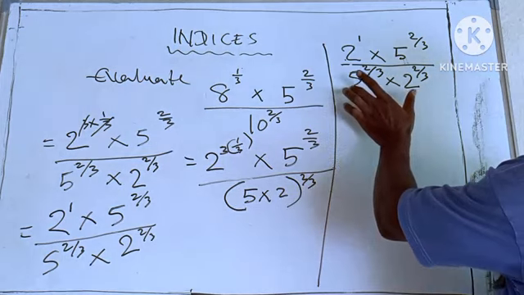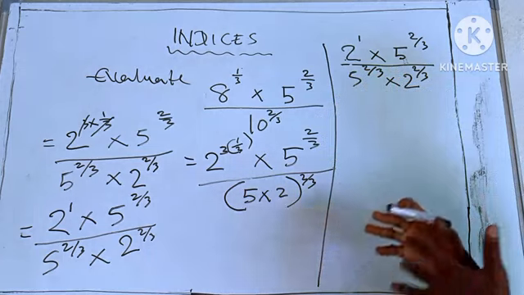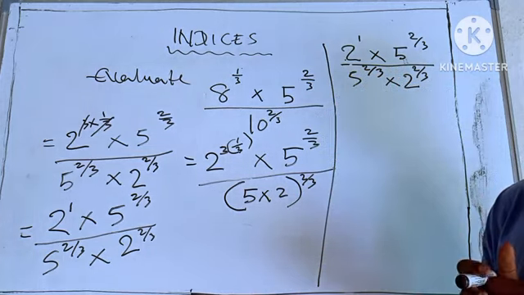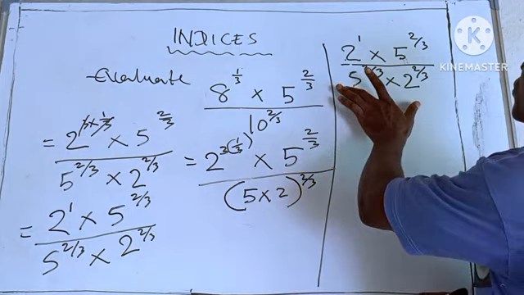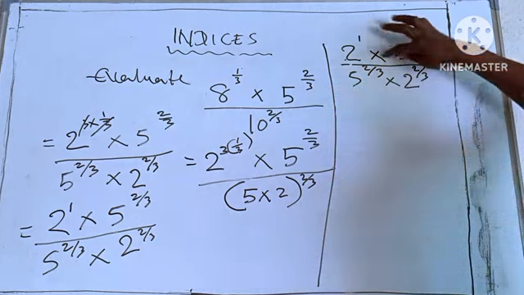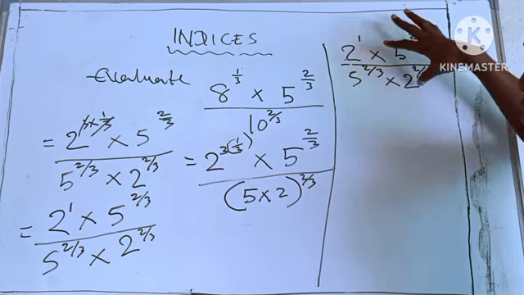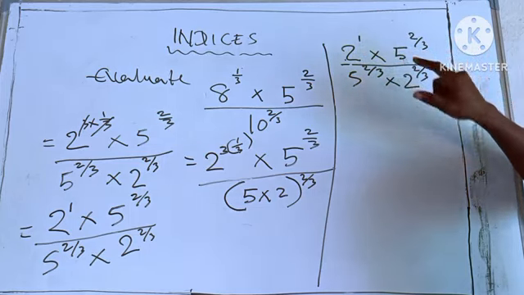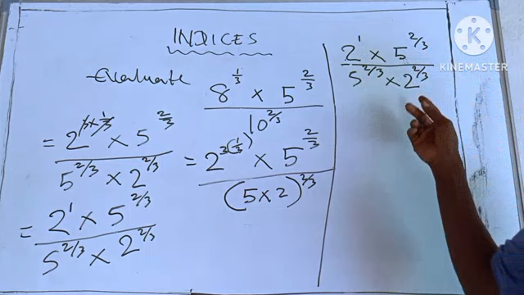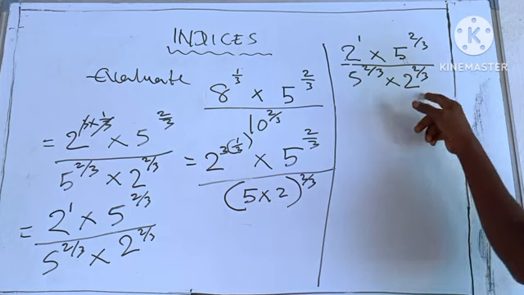From this particular place, our aim is to have equal base numbers. Are you getting it? Our aim is to have equal base numbers. So look at it, 2 and 2 have the same base numbers, right? Then 5 and 5 have the same base numbers. So we can bring this one here, then take this one to this particular point.